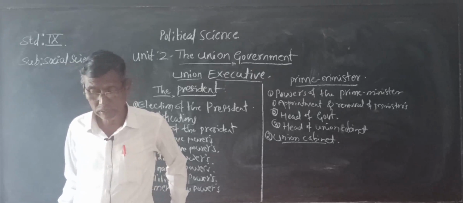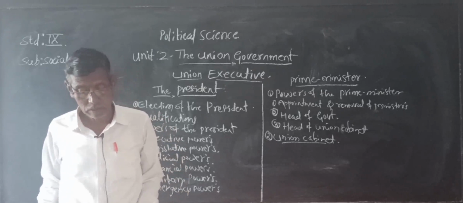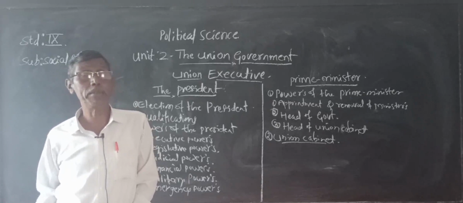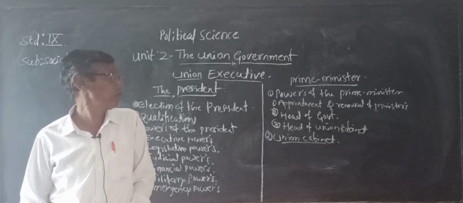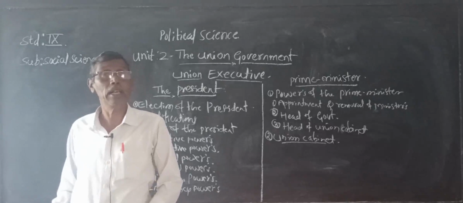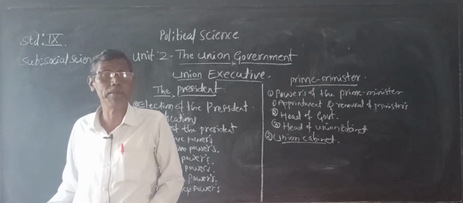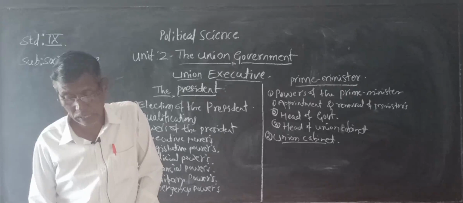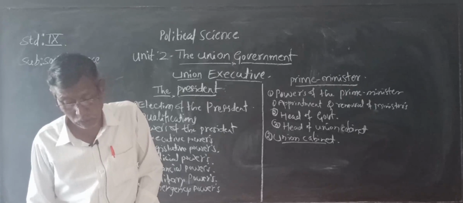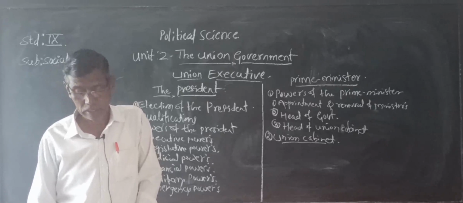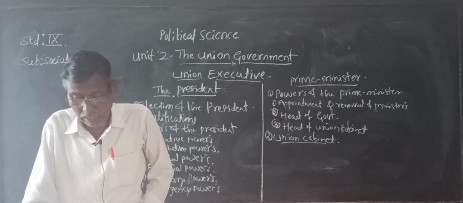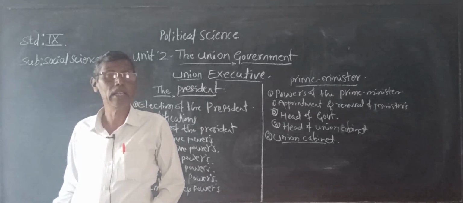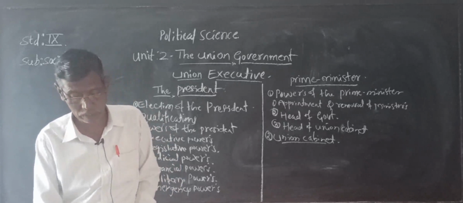Portfolios means the departments, like the finance department, health department, education department, foreign affairs department, home department. He has the power to allocate the various portfolios among the ministers, and his decision is final in the allocation of the portfolios.